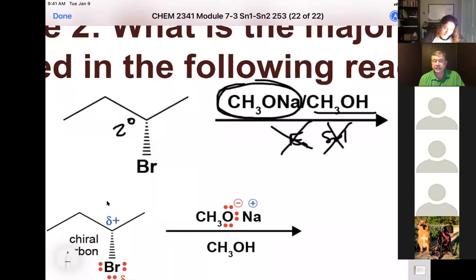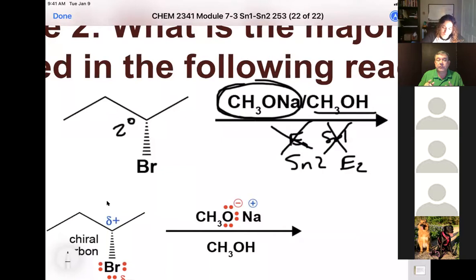The protic solvent says it's available to us, but the strong base, strong nucleophile says no, the E1, SN1 will not work. We'd have to use something like water or methanol by itself. So now we know it's going to be an SN2 or an E2. So we only have two possible choices here.